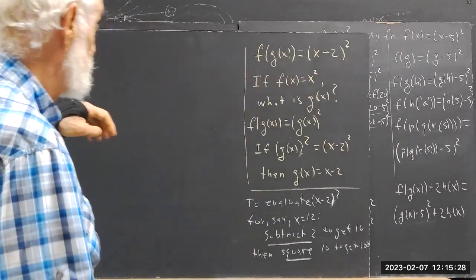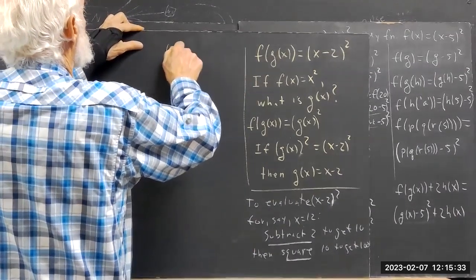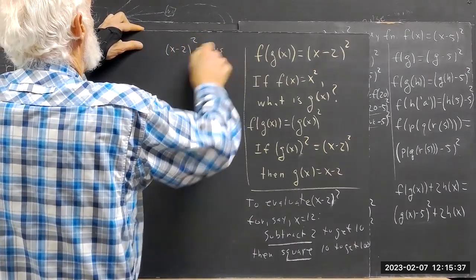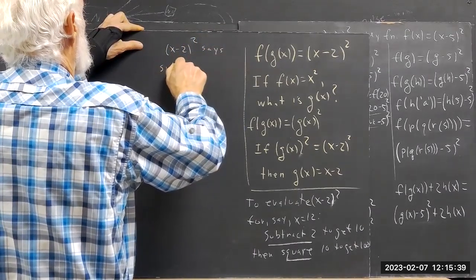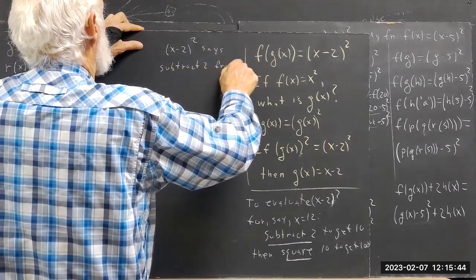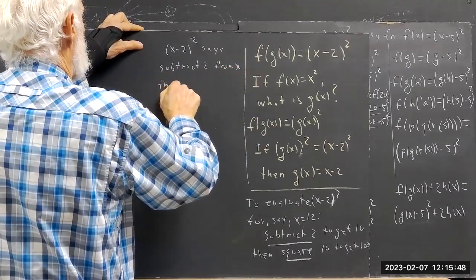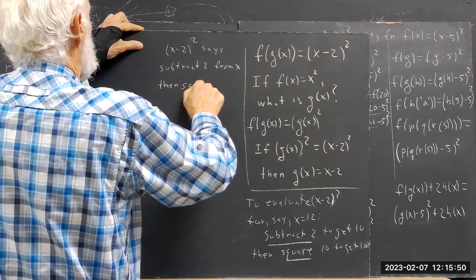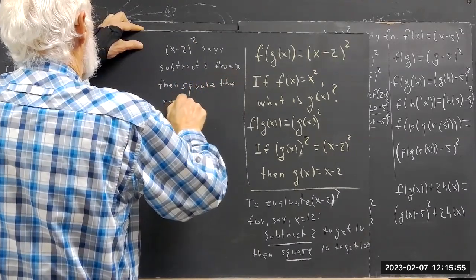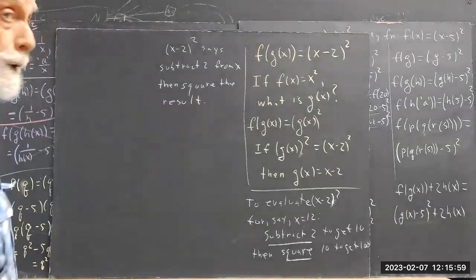So the rule says, order of operations: subtract 2 from x, then square the result, right?